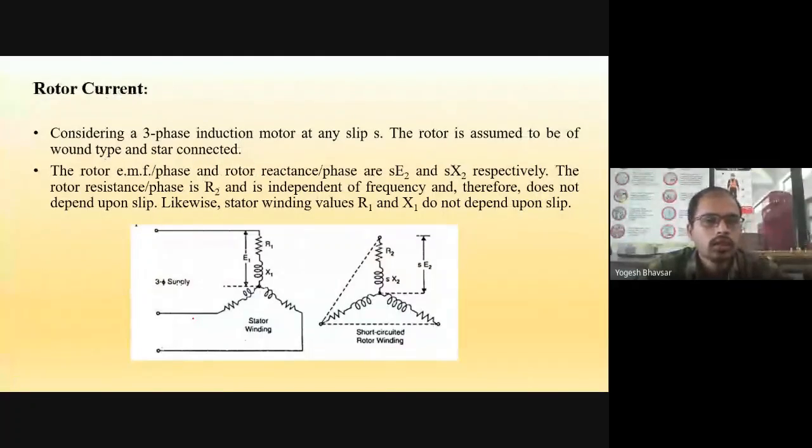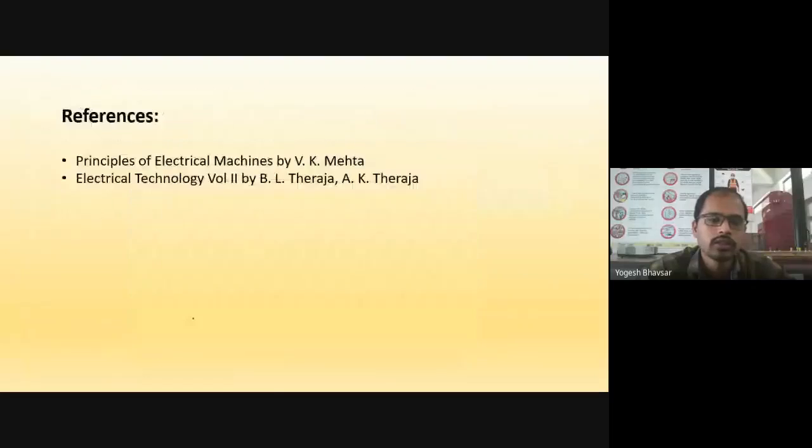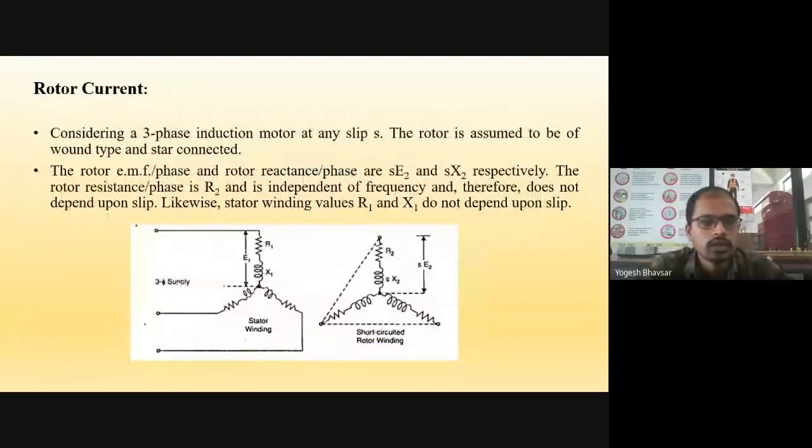Then the last parameter is the rotor current. Now what will be the equation of rotor current and power factor, that we will see in this equation. Just consider a 3-phase induction motor running at slip s, and the rotor is assumed to be of wound type, with star connected 3-phase stator winding as well as rotor winding.